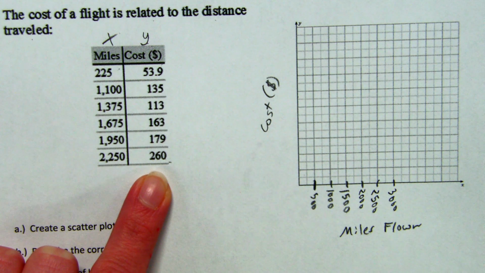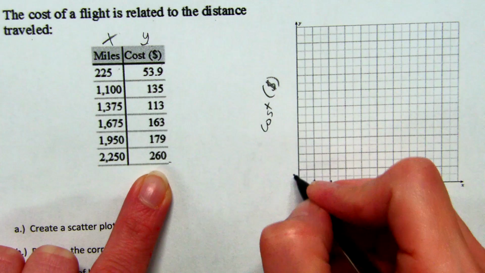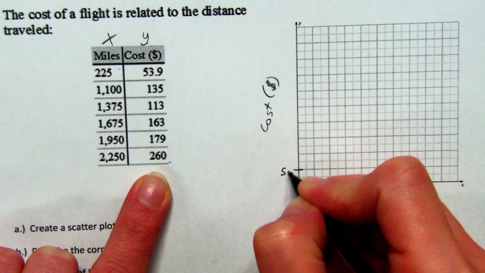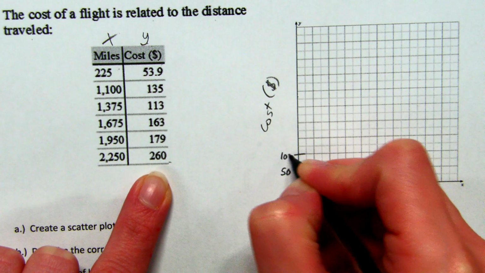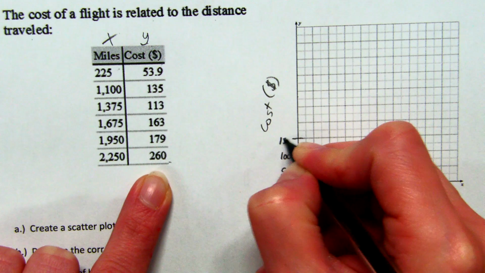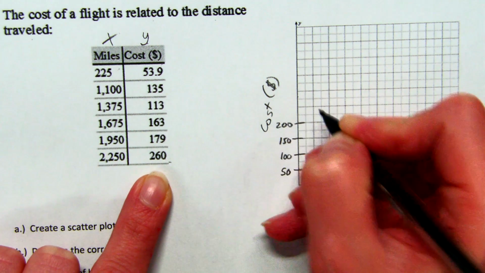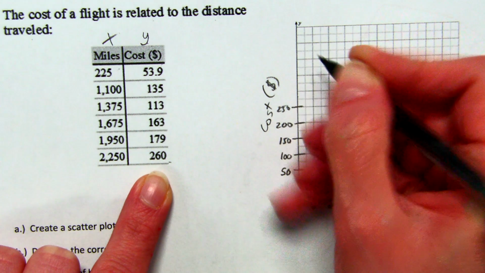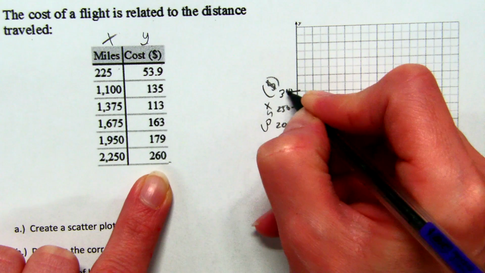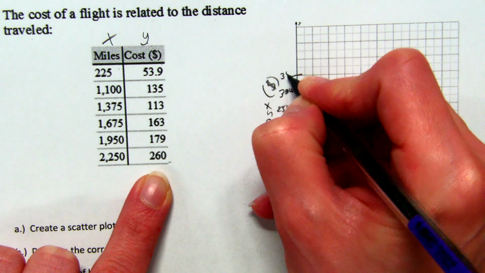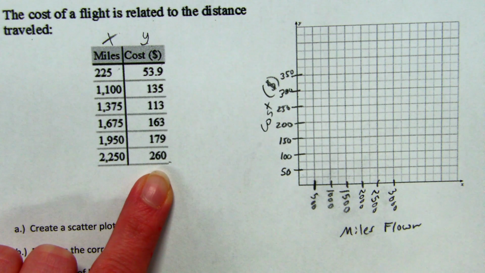Not quite. Okay, let's make 2 spaces 50 then. 2 spaces 50, 2 spaces 100, 2 spaces 150, 2 spaces 200, 250, 300. So we've technically gone far enough. I'm just going to go a little further, 350.